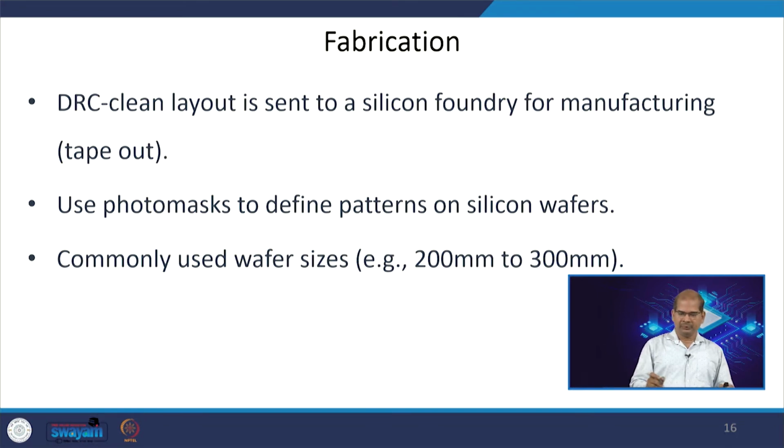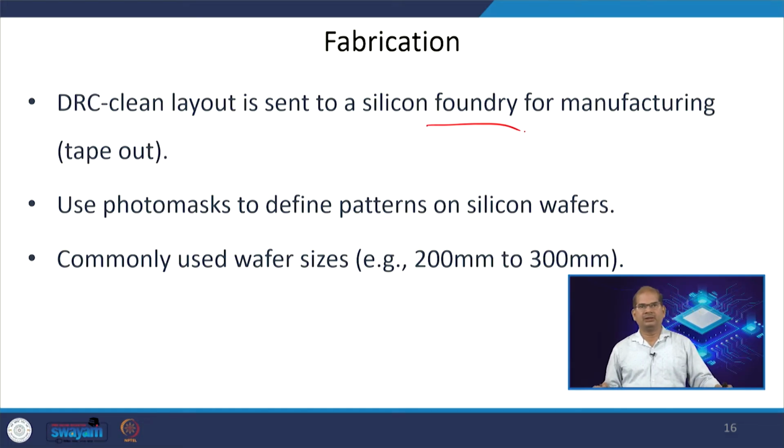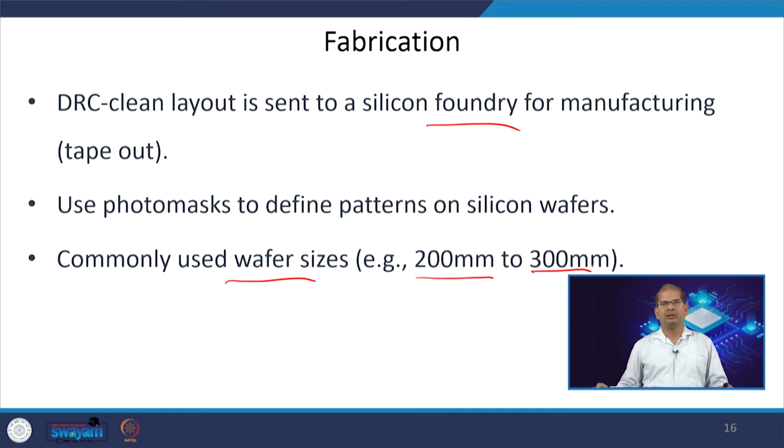So, in the fabrication process, the DRC clean layout is sent to the foundry for manufacturing, which is called tape out. Okay. So, we have different sizes of wafers, typically 200 or 300 mm wafer size is used. Okay. So, we have different photo masks to print your design onto the silicon wafer.